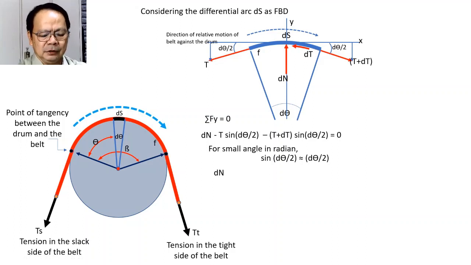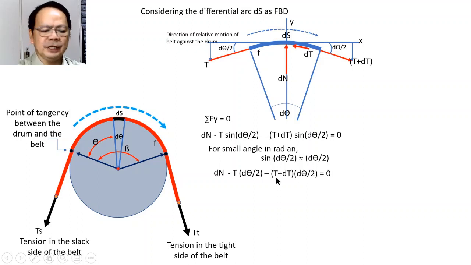So if we simplify this, we substitute d theta over 2 for the function sine of d theta over 2, and our equation becomes dN minus T times d theta over 2, because sine of d theta over 2 is approximately the same as d theta over 2, minus T plus dT times d theta over 2 equal to 0.